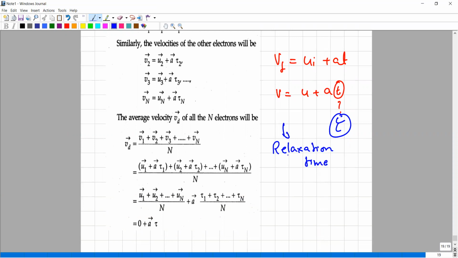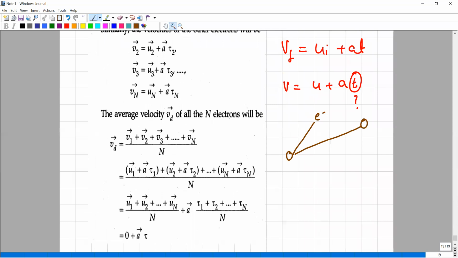So we'll discuss this relaxation time in detail. For now, only understand that this relaxation time is the time between two successive collisions of an electron. For example, if an electron comes here, collides here, and then goes here and then collides here.